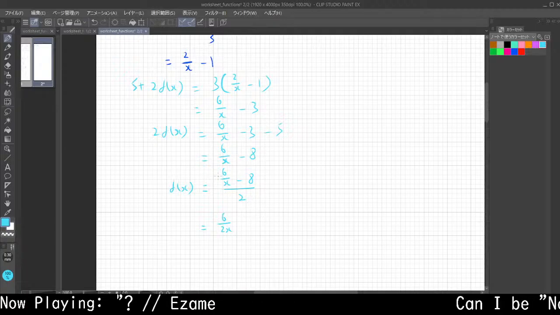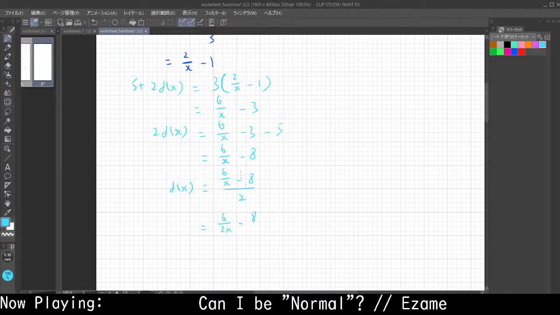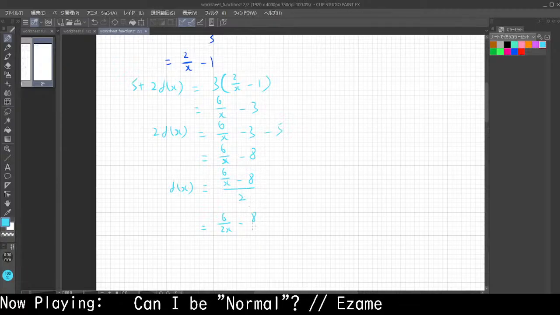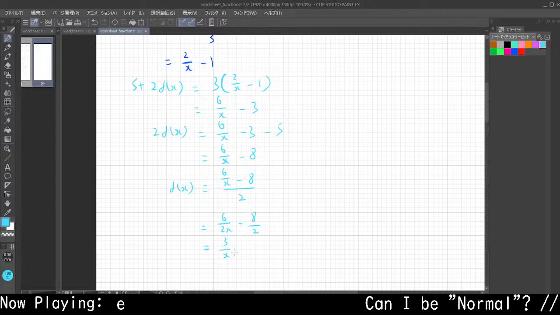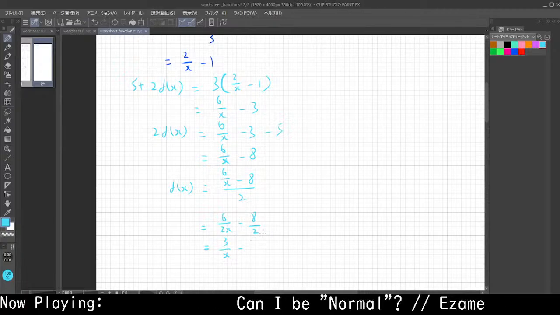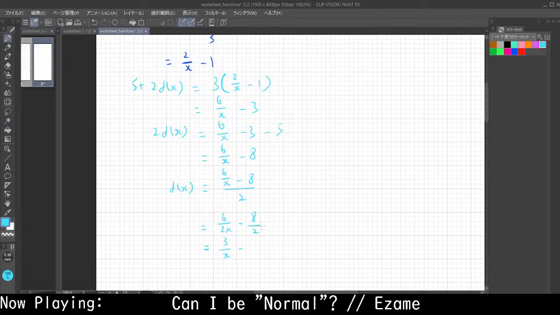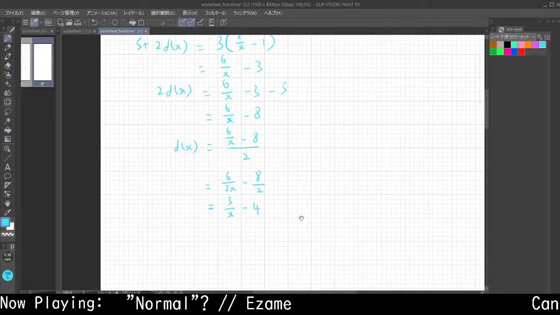Since your fraction is on the top, if your fraction were at the bottom, then it's a different story: you would have to flip it and the division becomes multiplication. But that's not the case here. Negative 8 divided by 2, you get this over here. Simplify 6 divided by 2, you get 3 over x. At the bottom, x cannot move up because there's nothing to do. Minus 8 divided by 2, you get minus 4. So this is that.